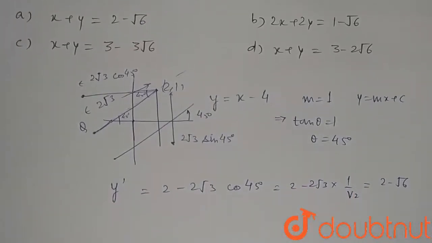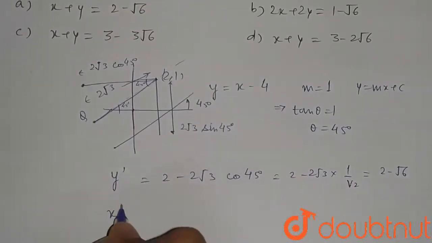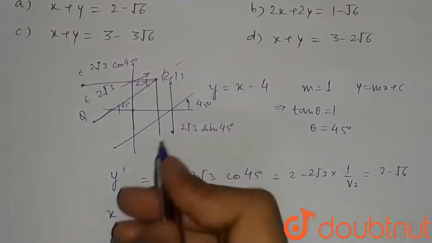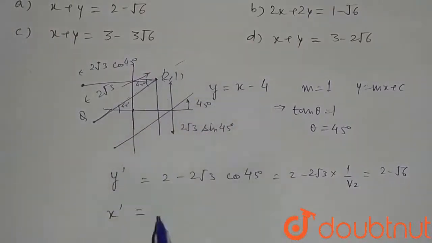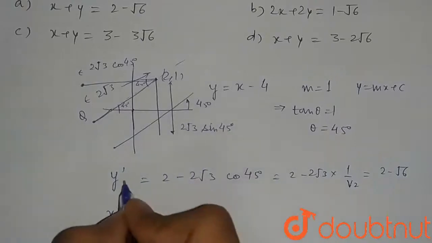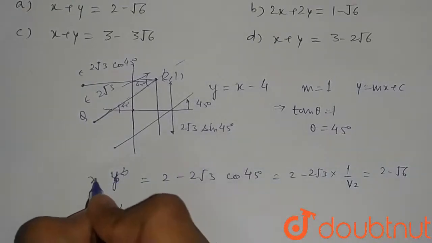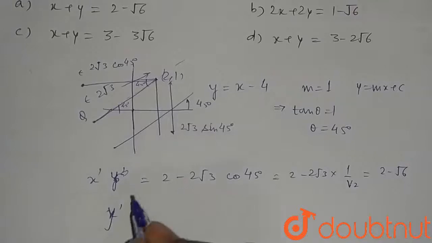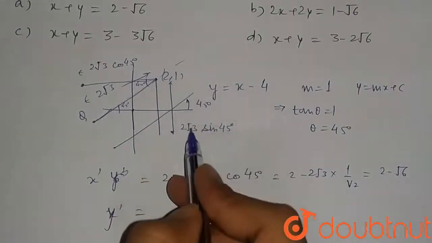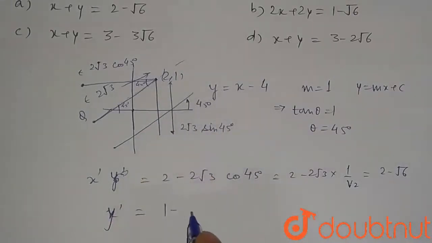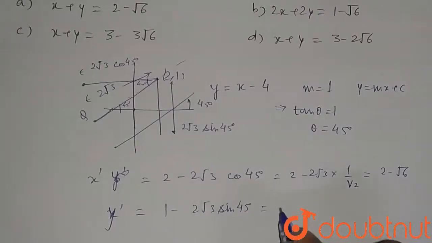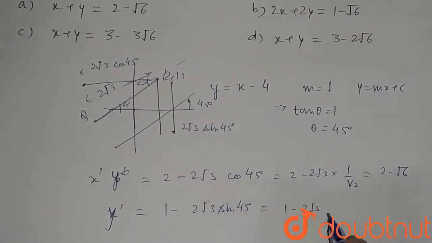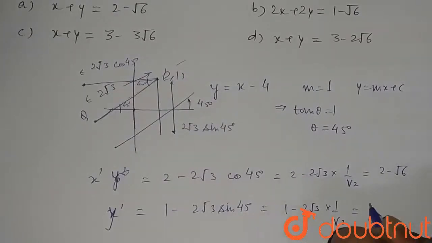Similarly, the other coordinate would be 1 minus 2 root 3 sin 45, which is equal to 1 minus 2 root 3 into 1 by root 2, or 1 minus root 6.